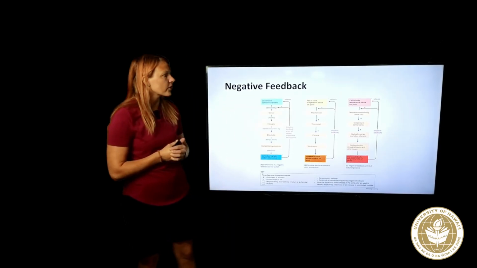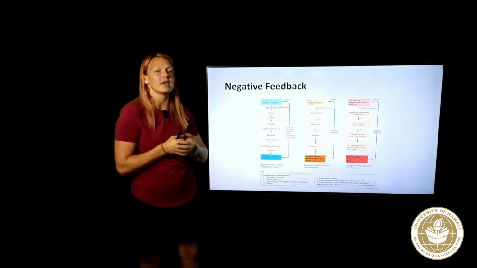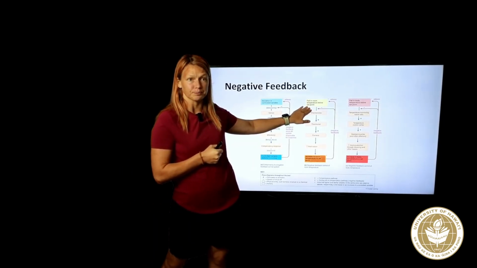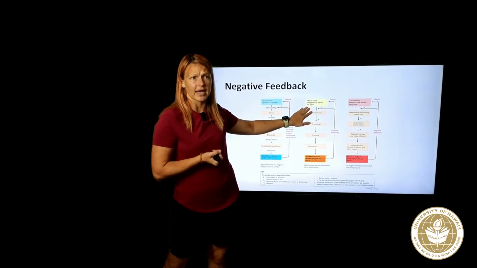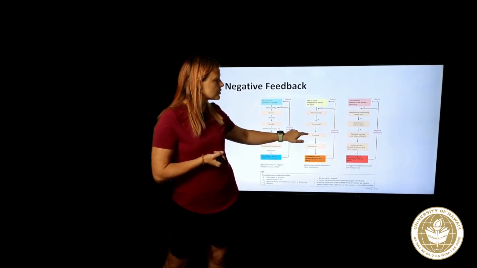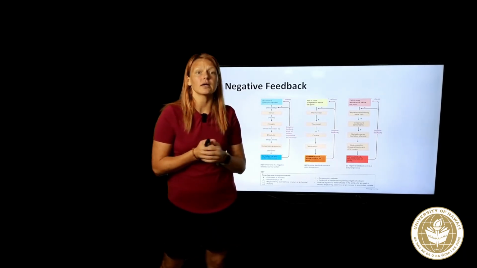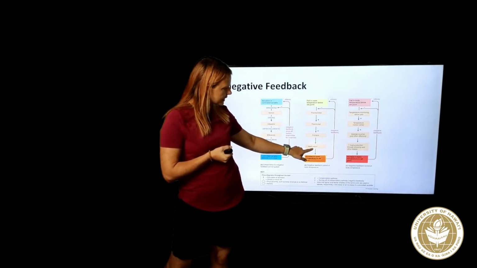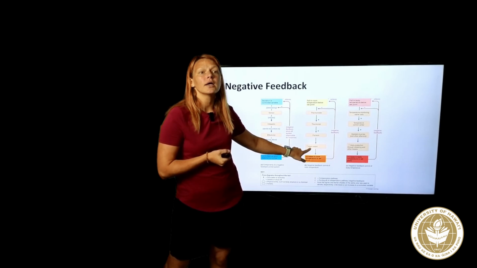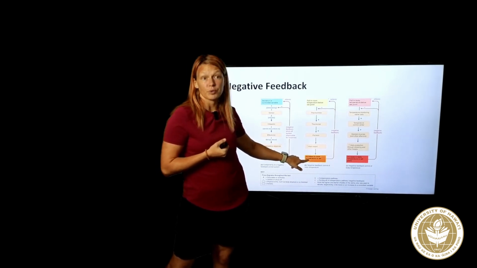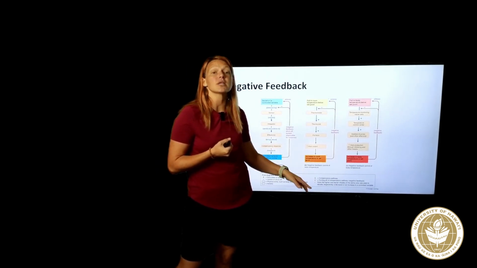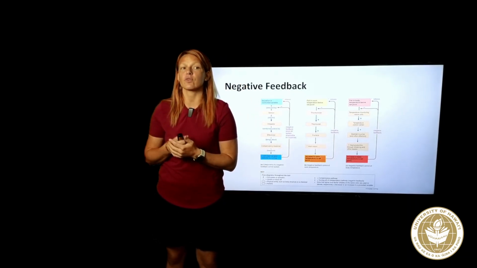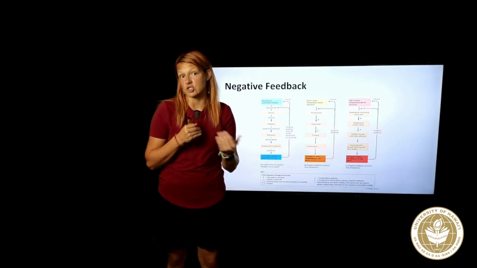For example, if that room temperature was to fall below the set point because it's cold outside, the thermostat is going to activate the furnace, which will then produce heat to try to raise the room temperature, right? Once that room temperature reaches back to the set point, that activating mechanism in the thermostat and the furnace are switched off.